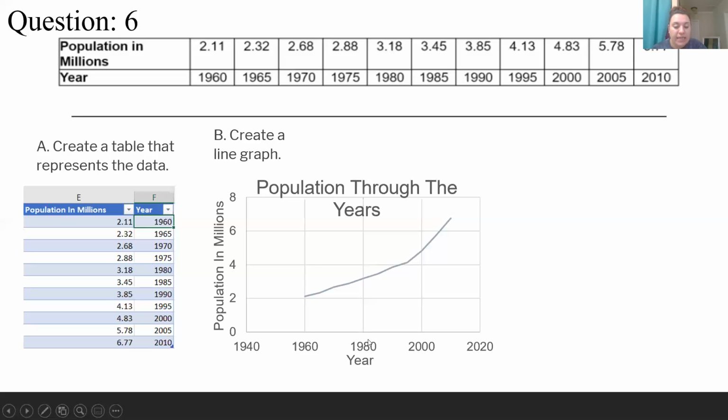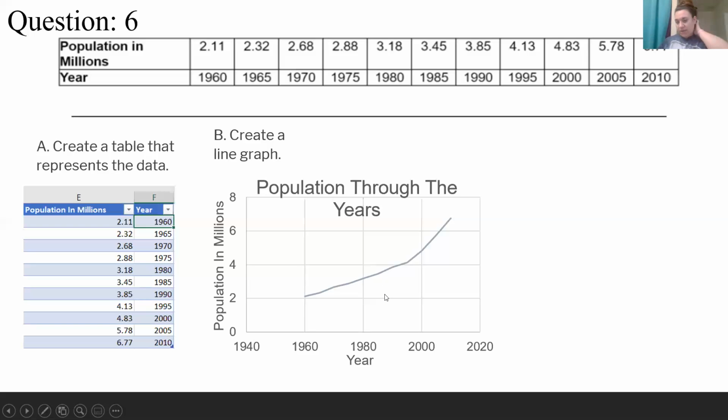We'll go here, 1980. At 1980, it was 3.18. Here at our graph, it doesn't show exactly our 3, but we know that halfway would be right about here. So at 1980, it would represent our 3.18 being right here.